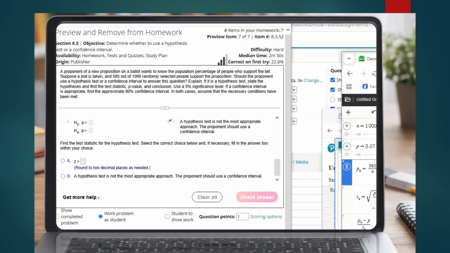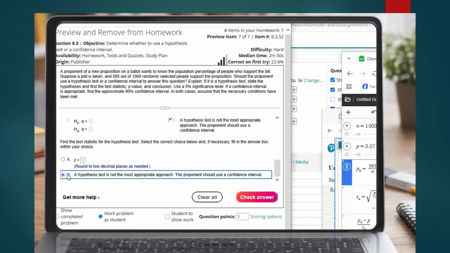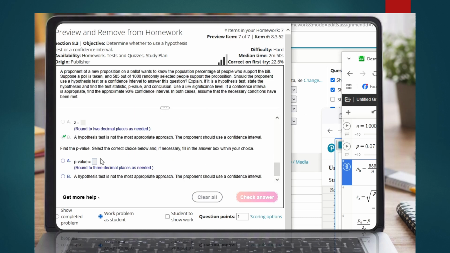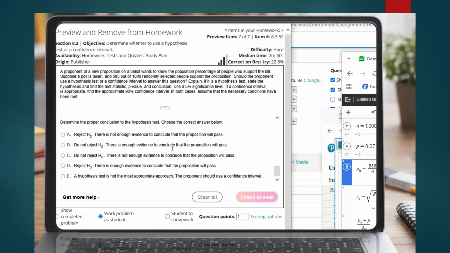So again, the hypothesis test is not appropriate. Same deal with the p-value, we would need a z-stat, so that's not appropriate. And finally, again, the proponent should use a confidence interval.